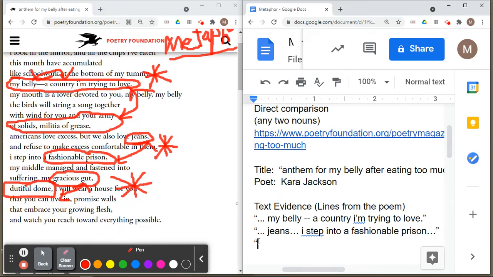And then we're going to go with gracious gut, beautiful dome. And in this case, again, we can use that as a metaphor back to the belly, or use the dome back to the gracious gut, depending on which way we want to go.